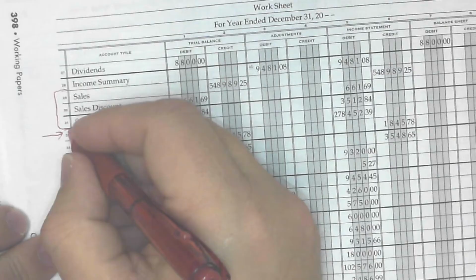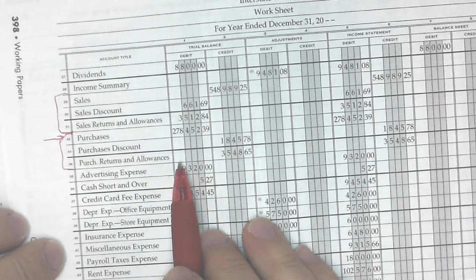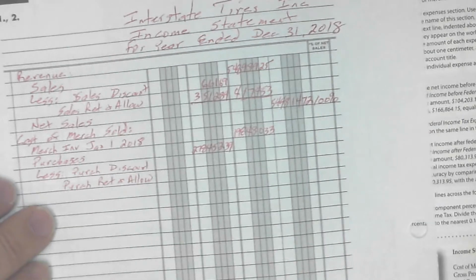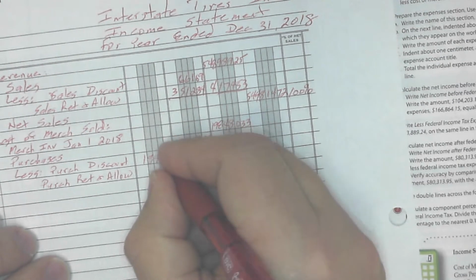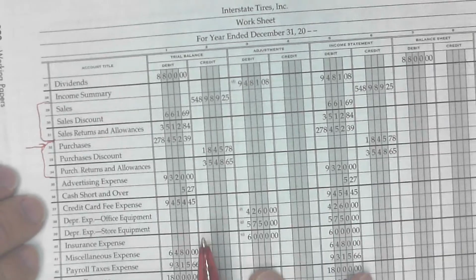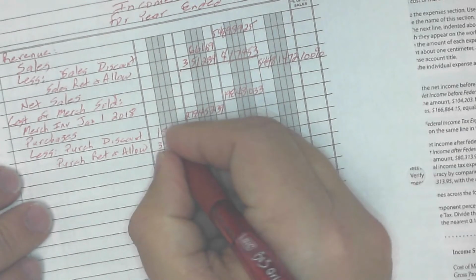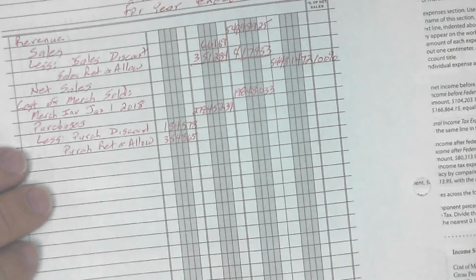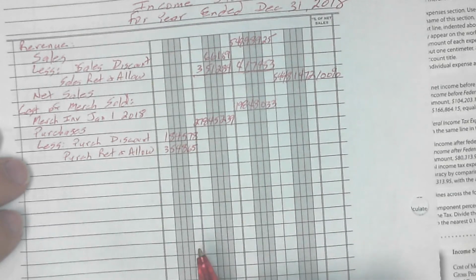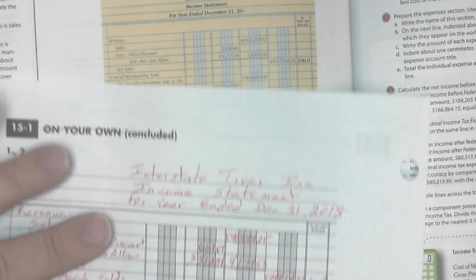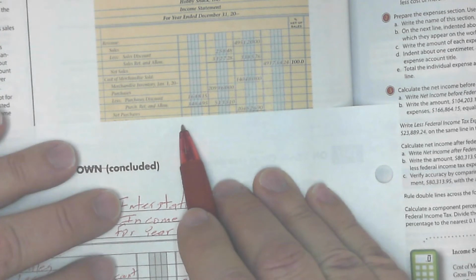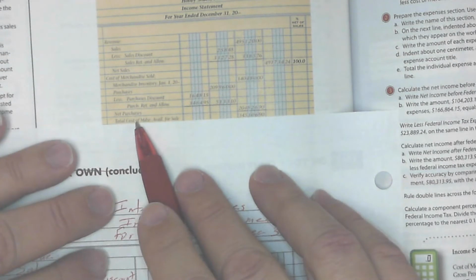They're right underneath our purchases on our worksheet. 1,845.78, and those are going to go in the first column. 1,845.78, and 3,548.65. Then our last line for this could be net purchases.